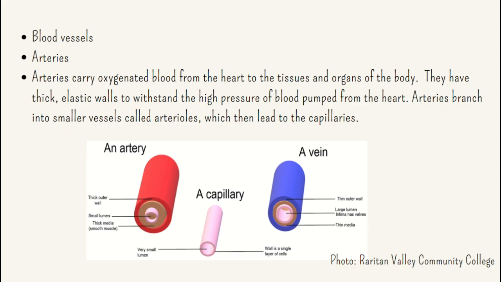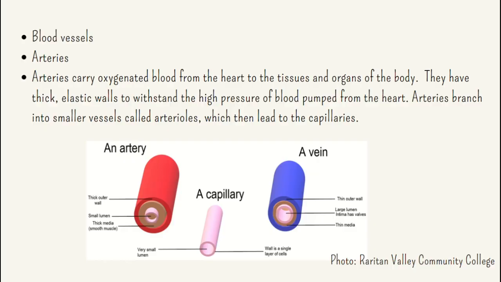Now, it's saying here that they have thick elastic walls to withstand the high pressure of blood pumped from the heart, right? And they also branch into smaller vessels called arterioles, which lead to the capillaries.